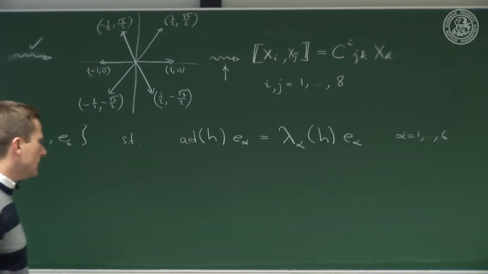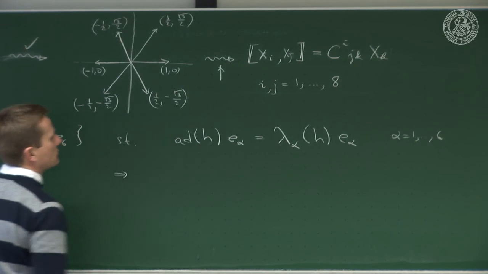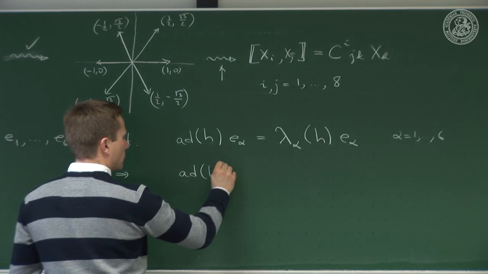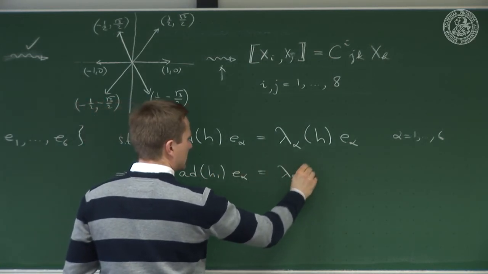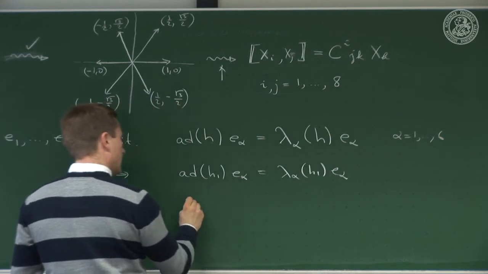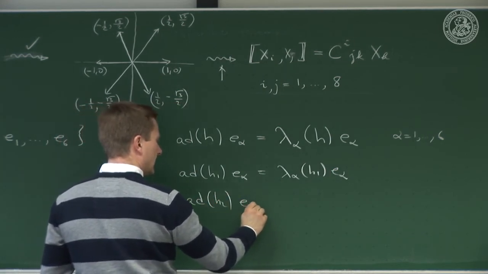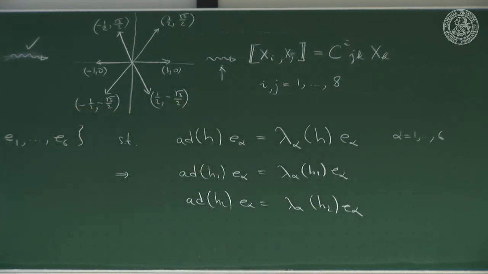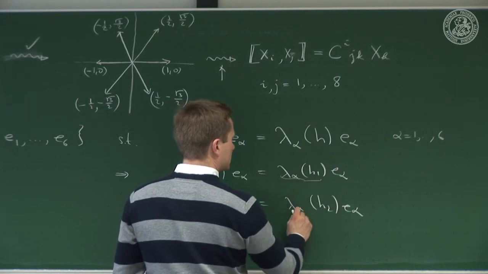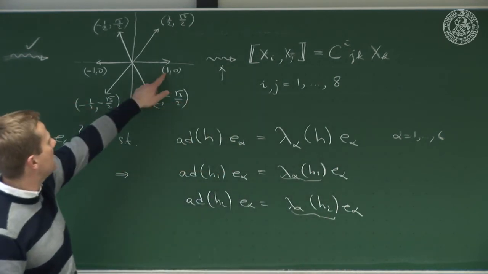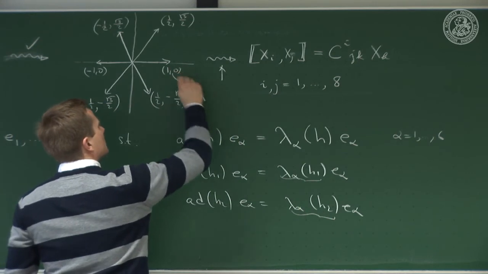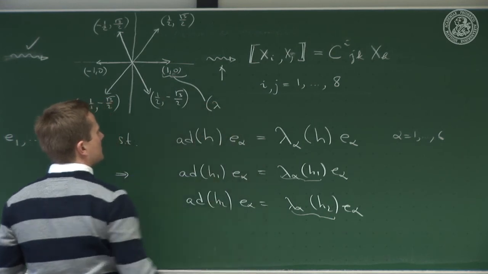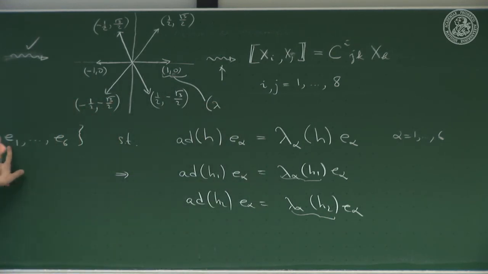Aha. So in particular, we can evaluate this on the basis vectors. ad H1 of E_alpha is lambda_alpha of H1 times E_alpha, and ad H2 of E_alpha is lambda_alpha of H2 times E_alpha. And now these are concrete numbers, and these are the numbers that appear here. So this whole guy is the pair. Let's say it's associated with the first vector here. I can make that choice.